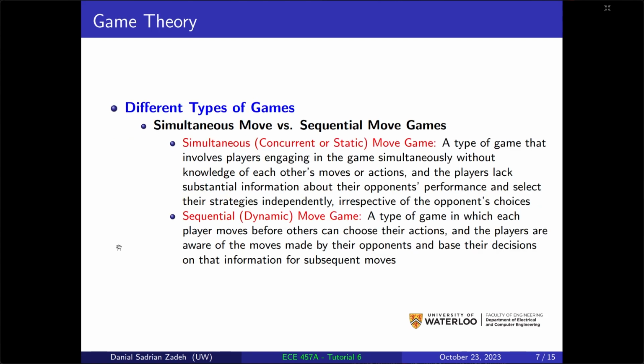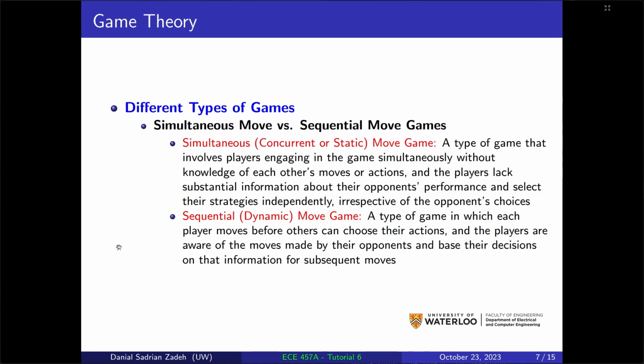Then we have simultaneous move and sequential move games. The other names for simultaneous can be concurrent or static move games. It's a type of game that involves players engaging in the game simultaneously or concurrently without knowledge of each other's moves or actions.